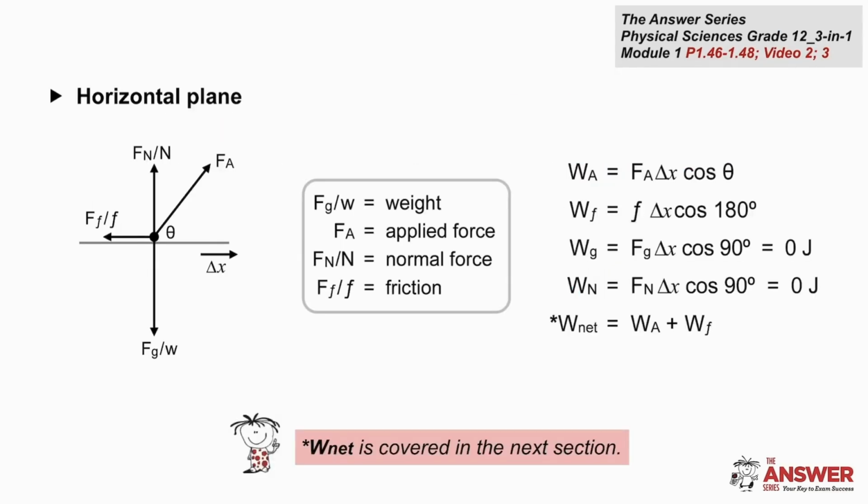If there is an applied force and friction when an object moves horizontally, then both these forces do work. The normal and the gravitational forces do no work because cos of 90 degrees is 0.